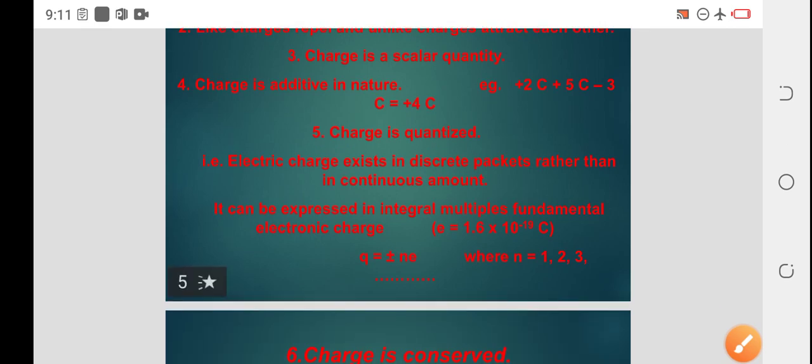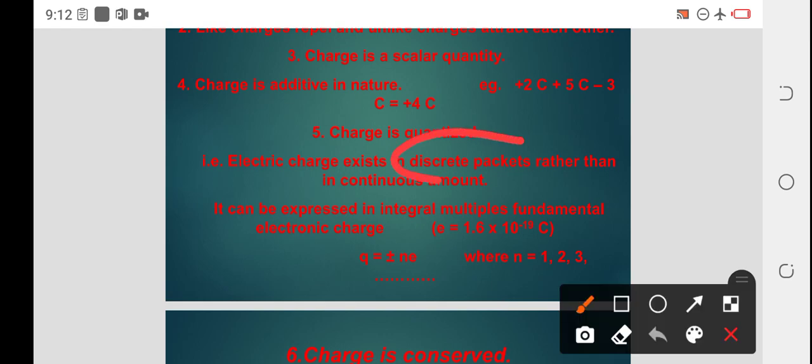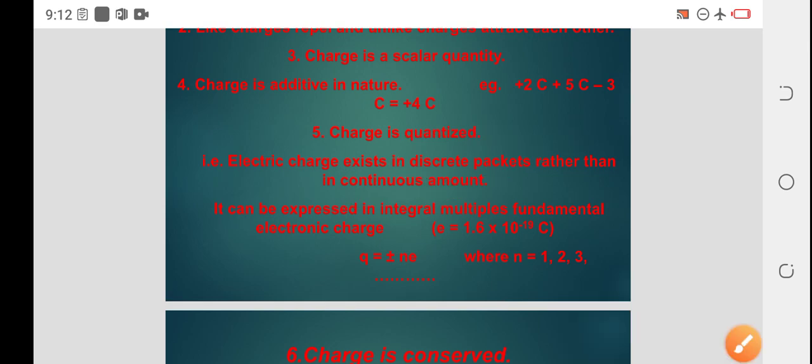Property 5: charge is quantized. Let's see what is meant by quantized. Electric charge exists in discrete packets rather than in a continuous amount. Discrete means separate, distinct.